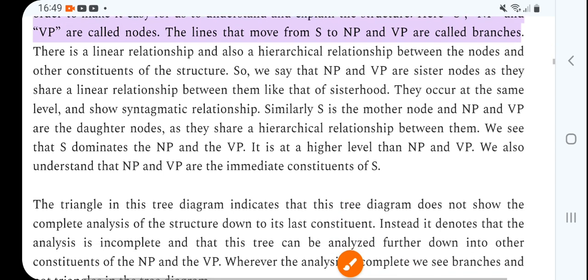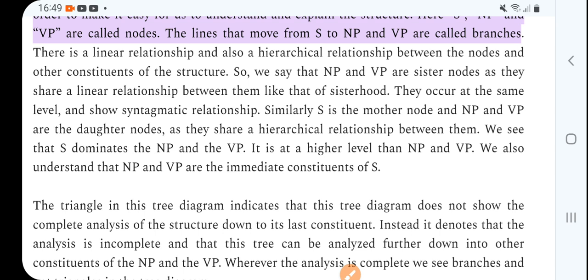Now the lines that move from S to NP and VP are called branches, of course. There is a linear relationship and also a hierarchical relationship between the nodes, and order and other constraints of the structure.